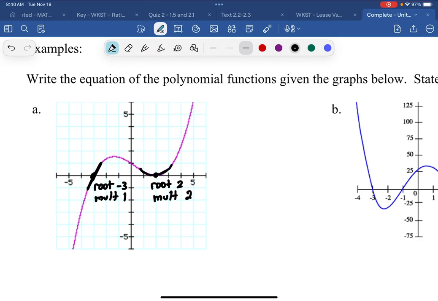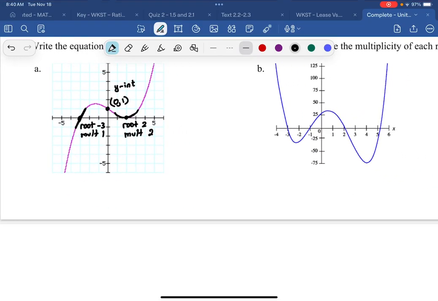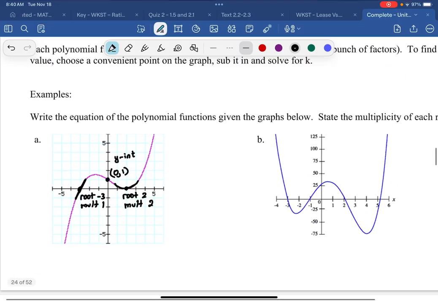We've also gotten into the habit, hopefully, of identifying other pieces of information, most notably the y-intercept. The y-intercept here is (0, 1). We're actually going to need that. But beyond that, we pretty much have everything we need.